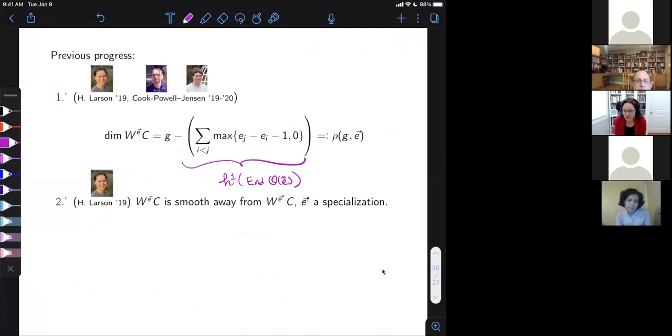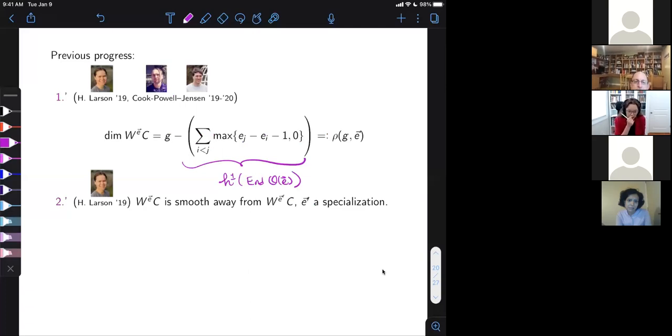The codimension of each of these pieces is this quantity, the sum of the max of these differences, e_j minus e_i minus 1 and 0, which can be written more compactly as just h^1 of End(O(e)). So this is the expected codimension from deformation theory for a splitting locus, for when the isomorphism class of this vector bundle stays the same. And that works out to be the dimension.